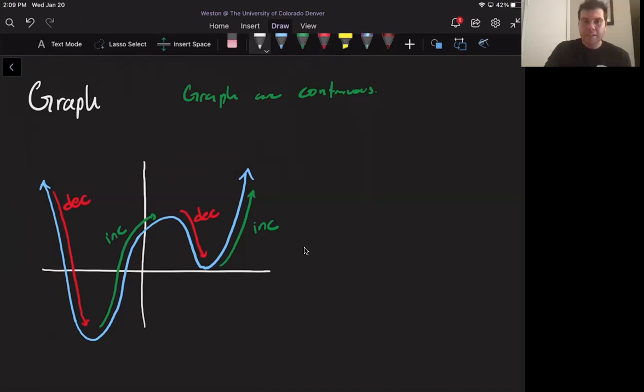On this graph, there's a couple of special points associated with increasing and decreasing where the function is neither increasing or decreasing. These 3 special points occur right where it changes from decreasing to increasing or increasing to decreasing.